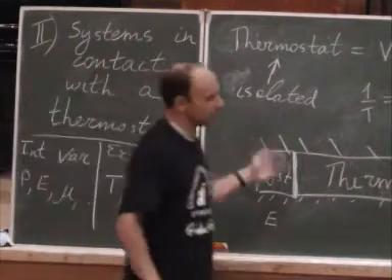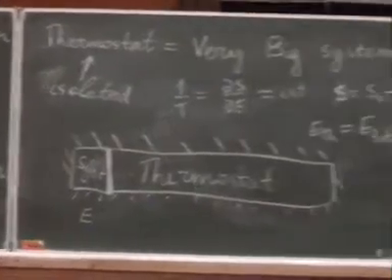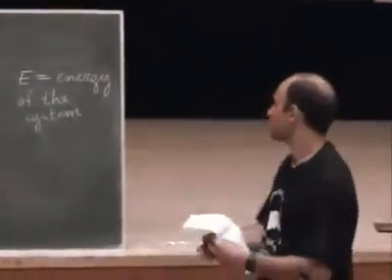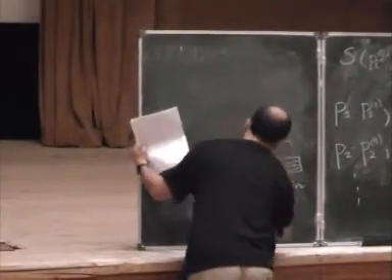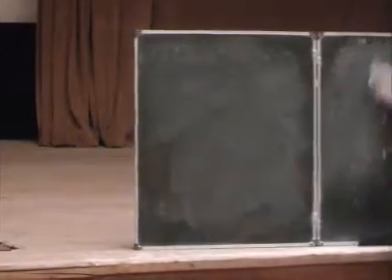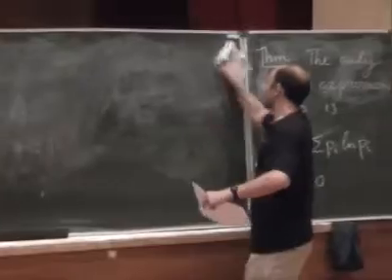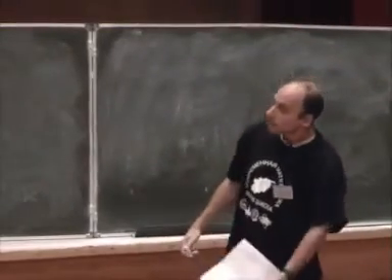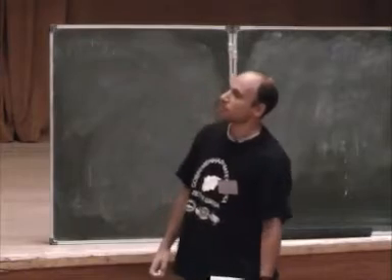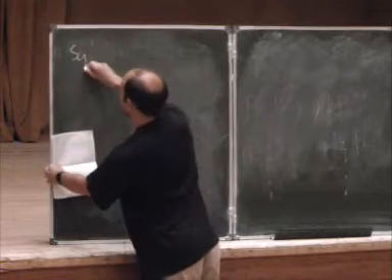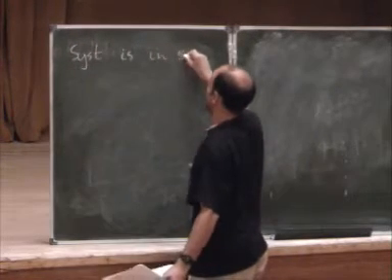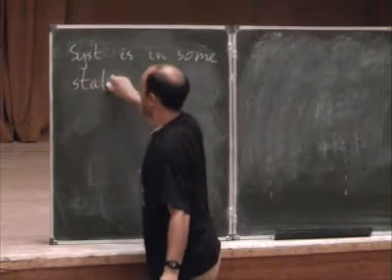And in that way the system is always maintained at temperature T. Okay, so now let us suppose that our system happens to be in some state with energy E.